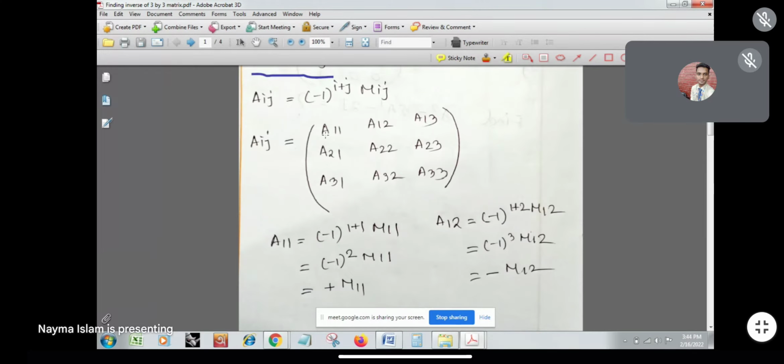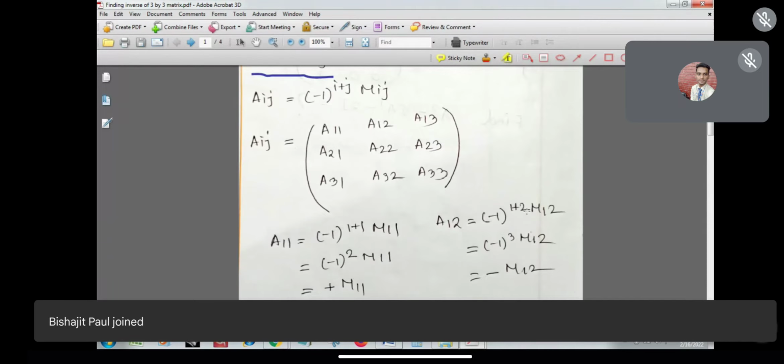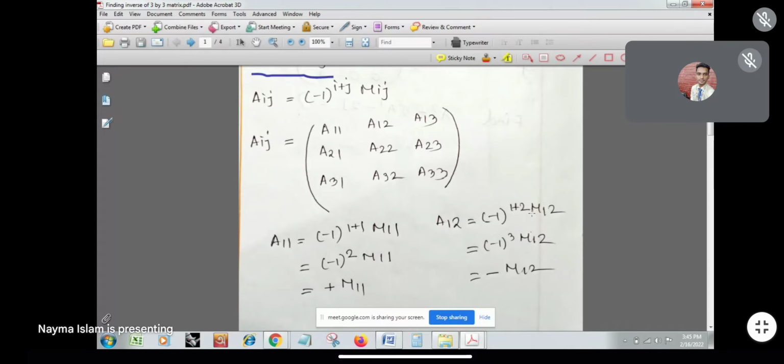That's why the A11 term will be positive. Look at A12: 1 plus 2 is 3, so minus 1 to the power 3 means minus. That's why it is negative.